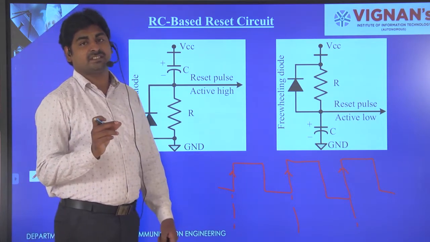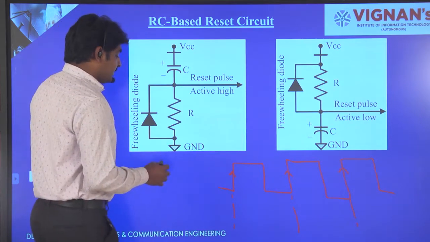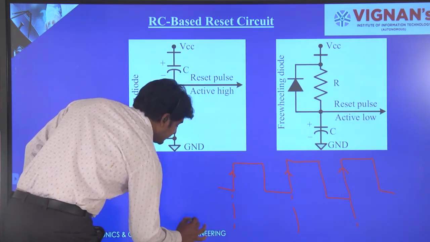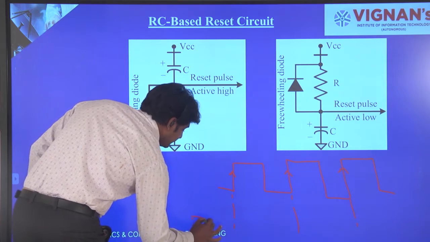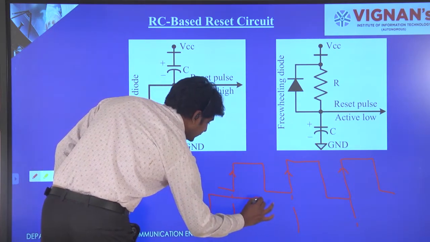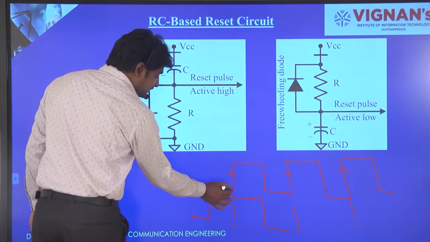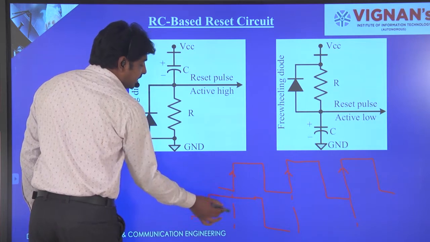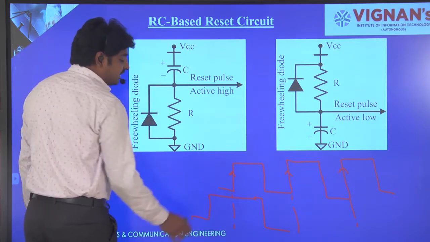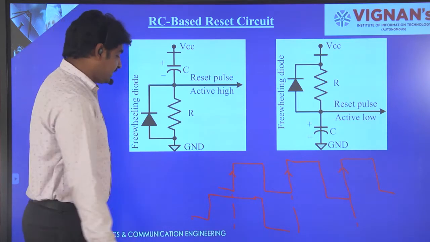Small duration reset signals we should avoid. The reset signal should be large enough, like this. Now across this positive edge, the controller identifies the reset pulse, and then the embedded system will be reset.